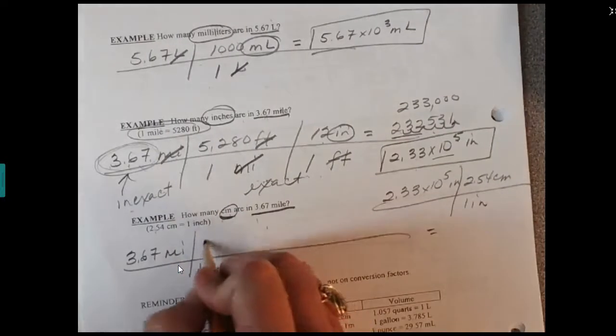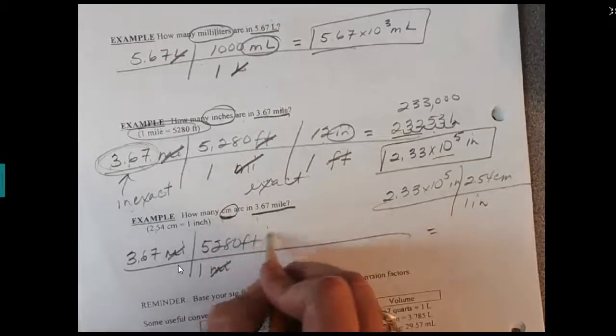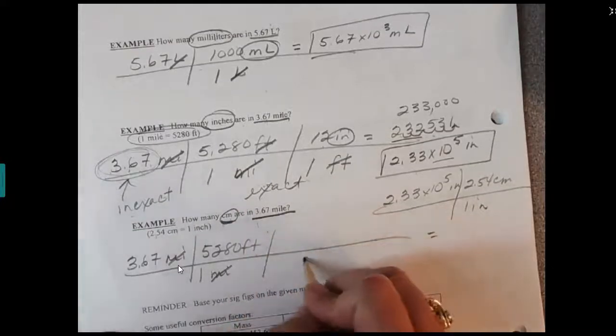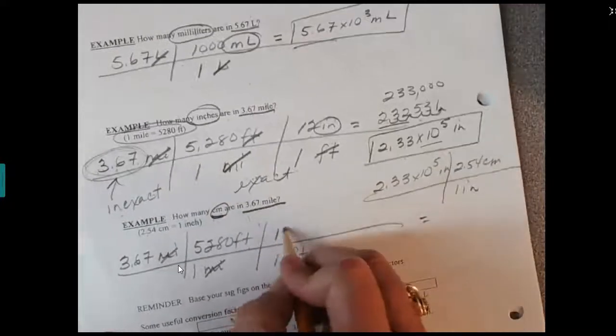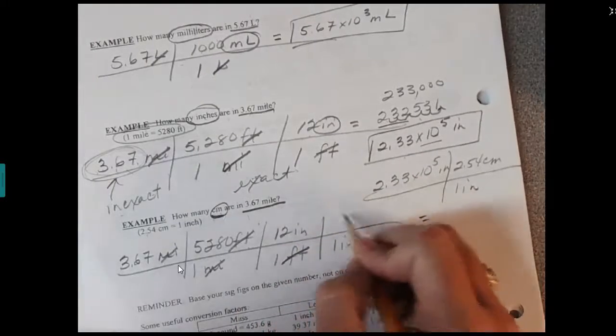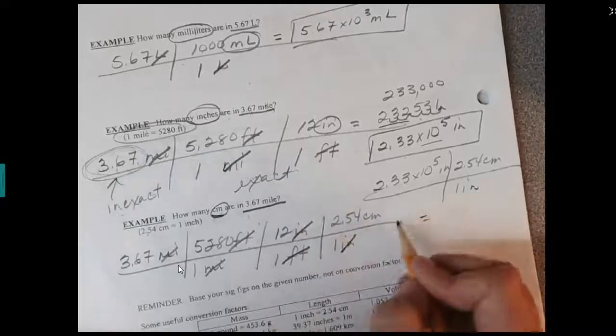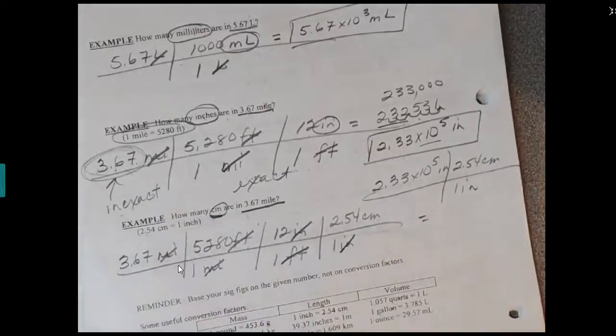So for every 1 mile, how many feet are there? 5,280 feet. So I need feet to cancel. So for every 1 foot, there's 12 inches. For every 1 inch, that's exactly right. There's 2.54 centimeters. And so then multiply across the top and divide by the bottom.